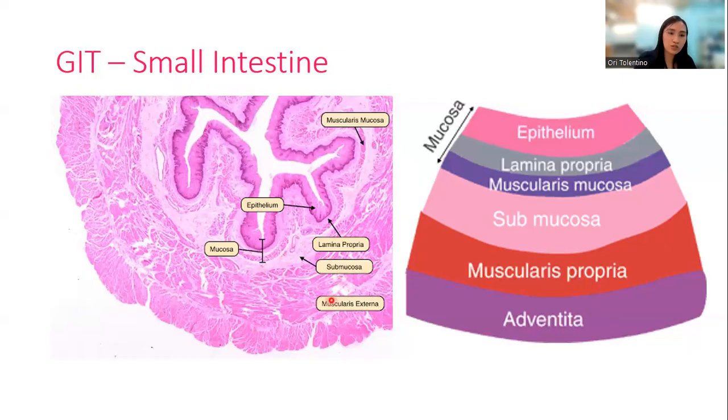The majority, the big portion of your smooth muscle, is here in the muscularis propria, which has fibers oriented circularly inside and longitudinally outside. So remember, inner circular and outer longitudinal muscle layers, ILOC.